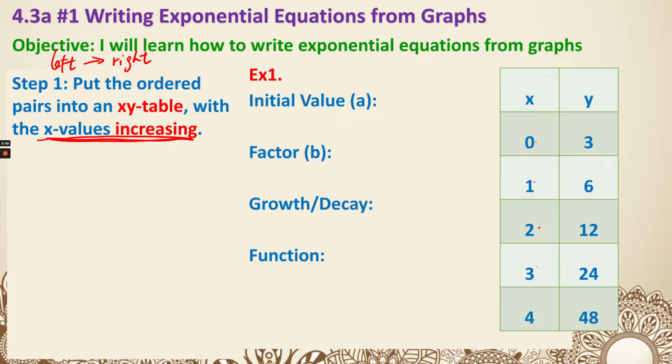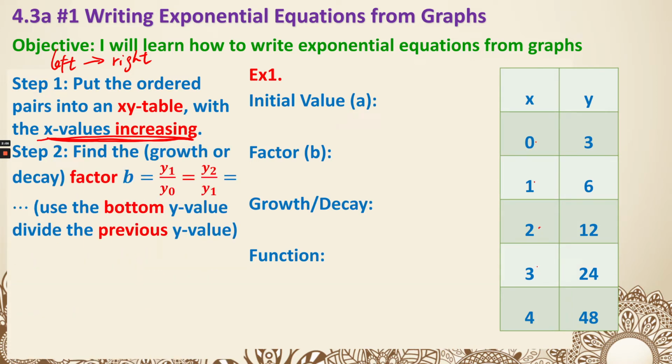Step 2, we're going to find the growth or decay factor, which is letter B, by finding some ratios. The ratio is y sub 1 over y sub 0, or y sub 2 over y sub 1. Or in other words, we're going to use the bottom y value divided by the previous y value. Here's where these y sub 1, y sub 0 come from.